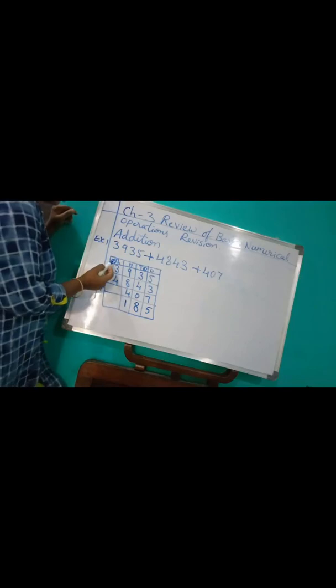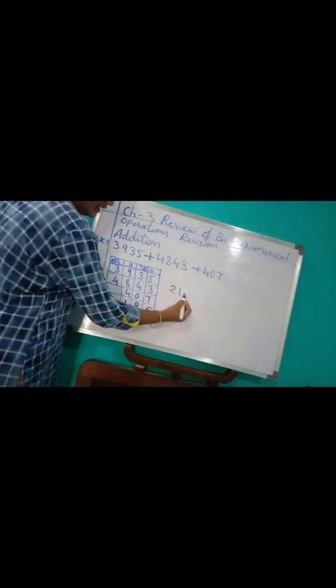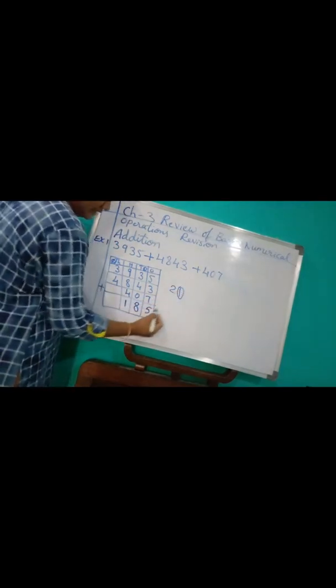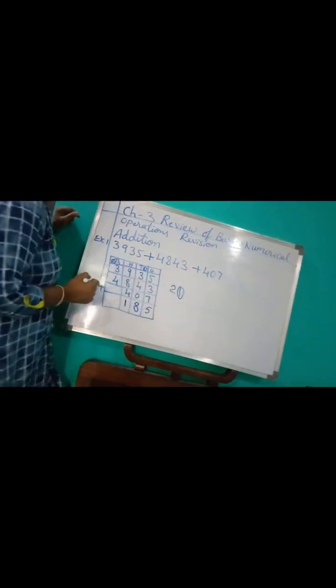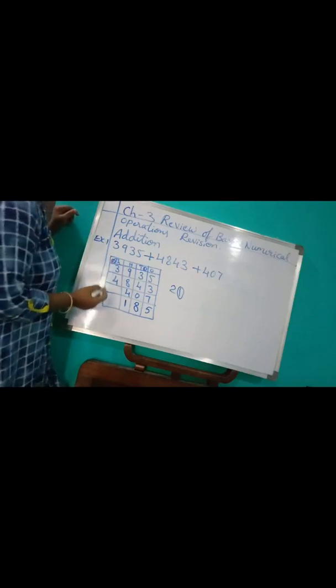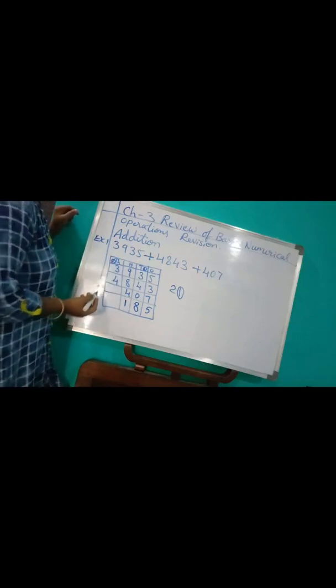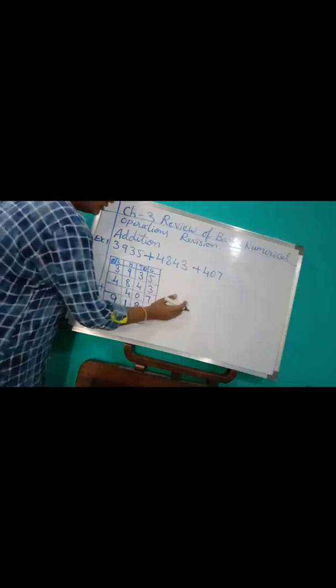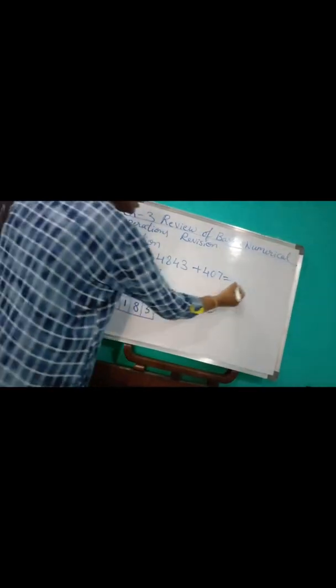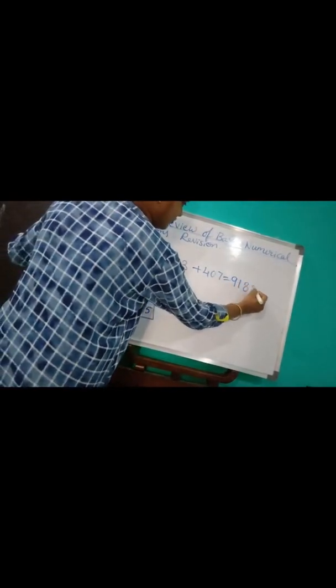Next place. 2 plus 3, 5. 5 plus 4, 9. What is that answer? 9185 is the answer. Understood children? Write it fast. Few more sums I will give.